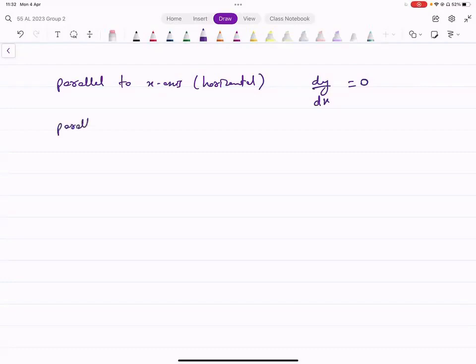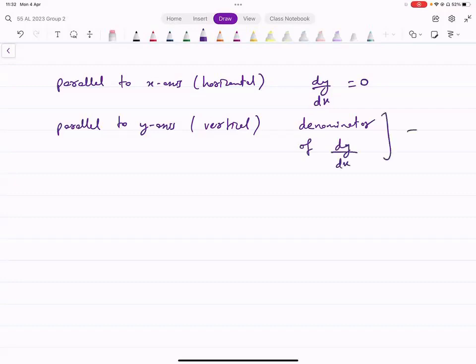When you have parallel to y-axis, it's a vertical line. तो आप क्या करोगे? Denominator of dy over dx, you'll put this thing equal to 0. ठीक है? x एक्सिस के पैरेलल में सिंपली डेरिवेटिव को 0 से इक्वेट कर देंगे, y एक्सिस के पैरेलल में उसके डिनोमिनेटर को 0 से इक्वेट कर देंगे.